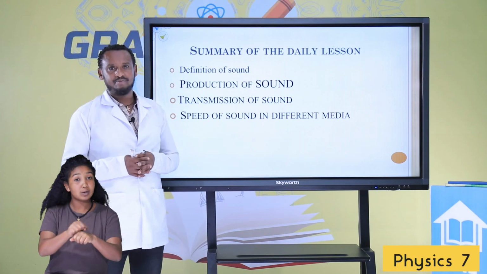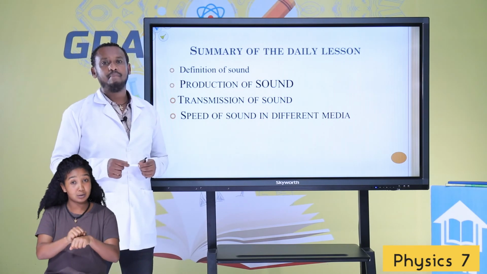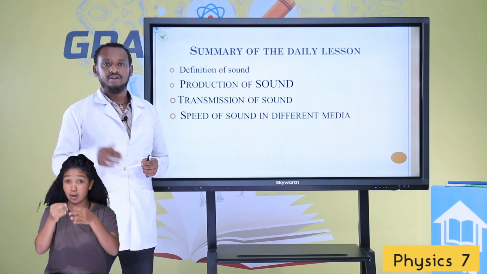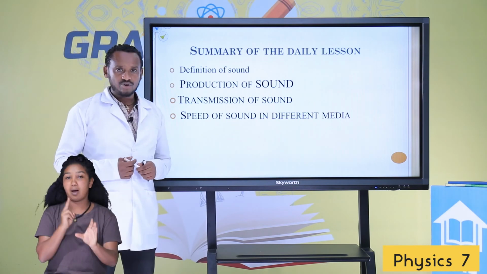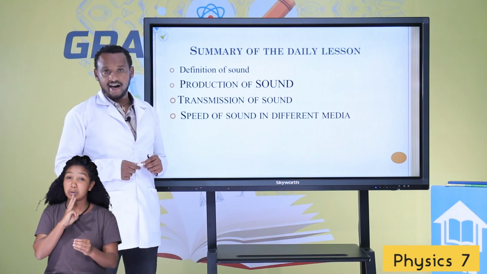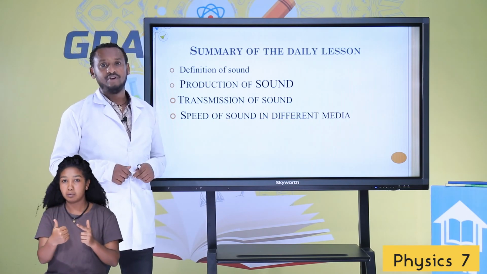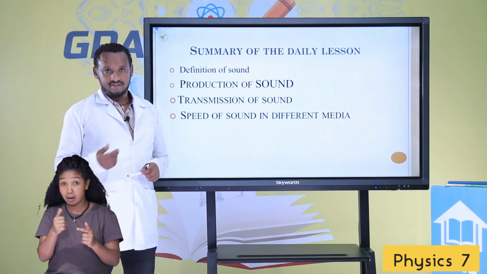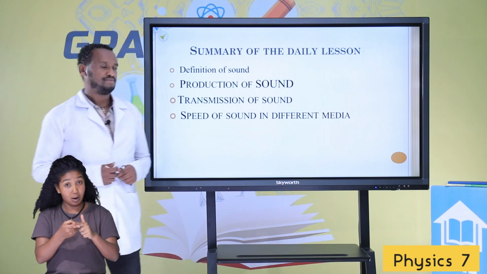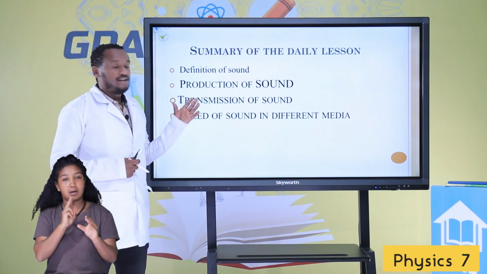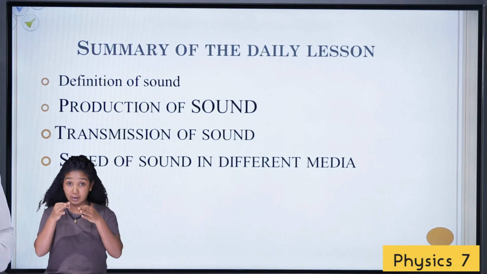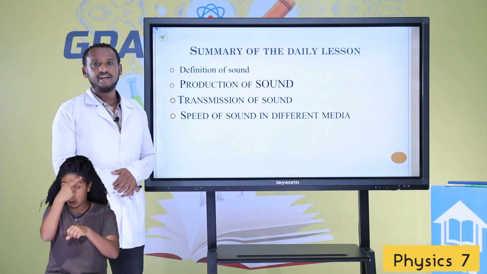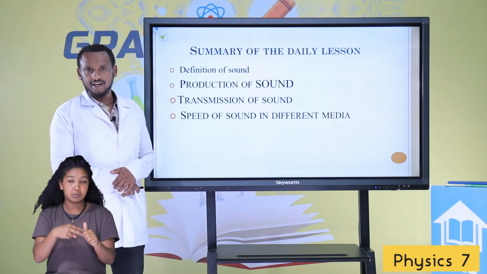Solids are better transmitters of sound than liquid and gas. And also liquids are better transmitters of sound than gas or air. And sound cannot be transmitted in vacuum because there is no air in vacuum.